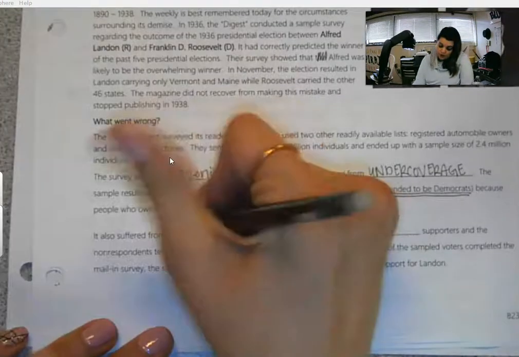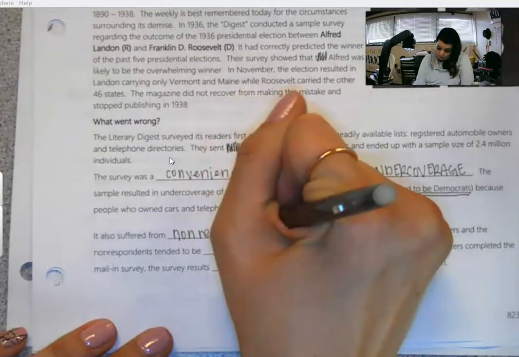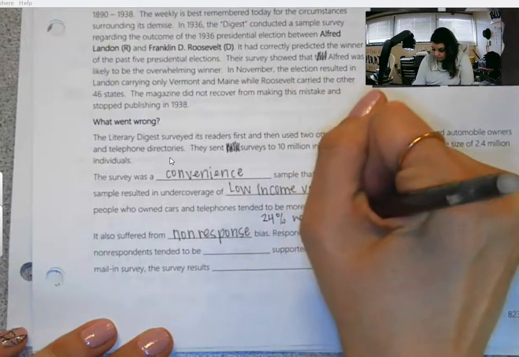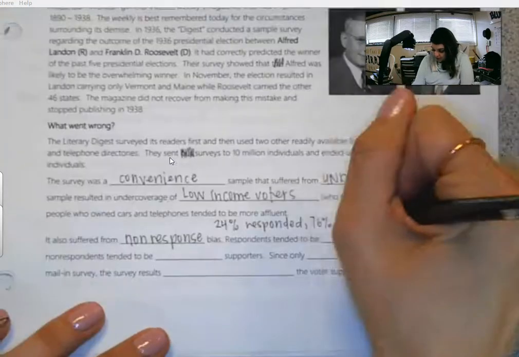It also suffered from non-response. 24% responded, which means 76% did not.